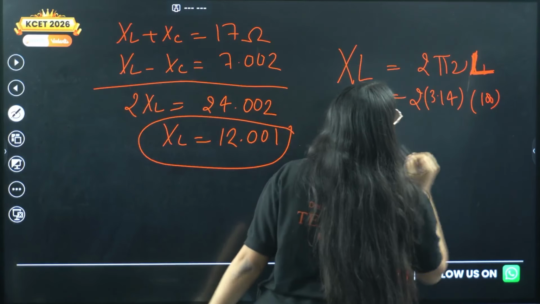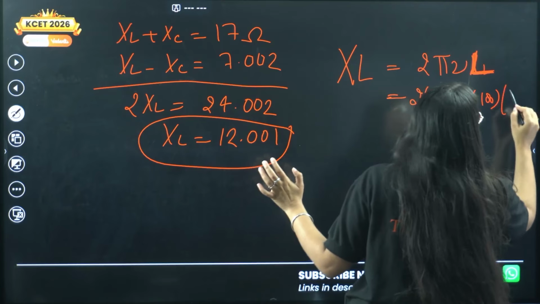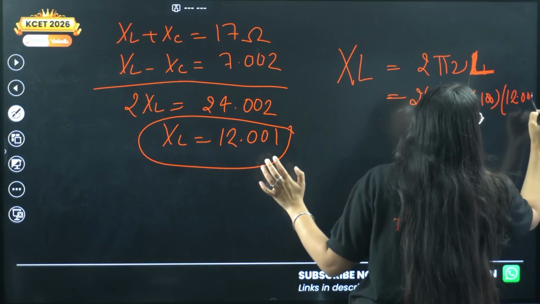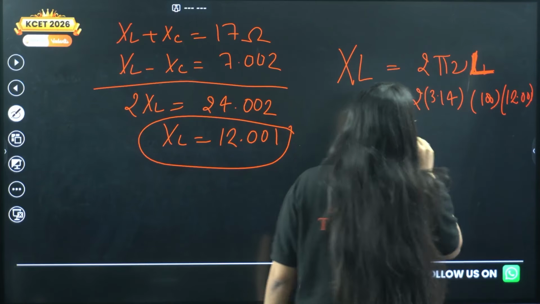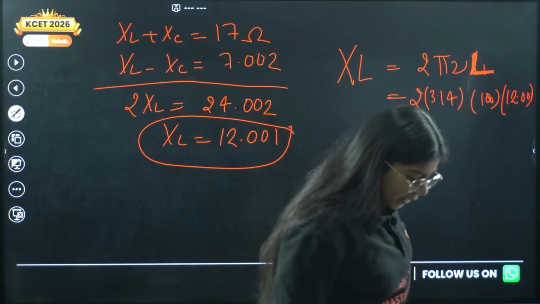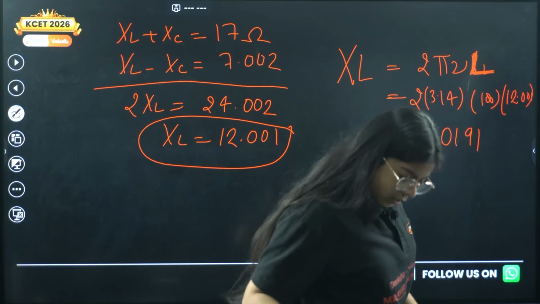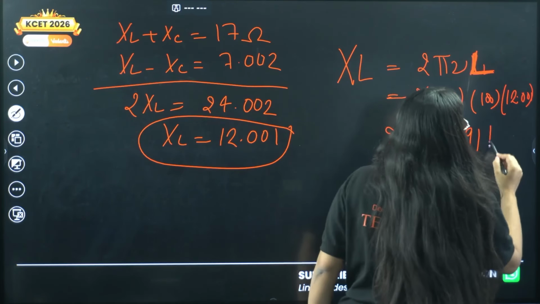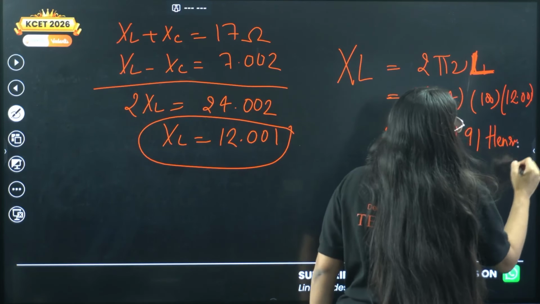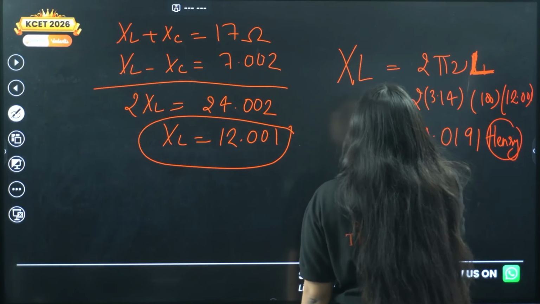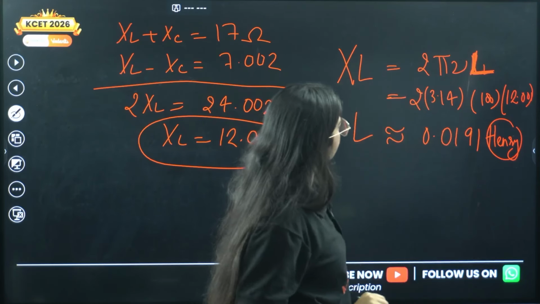This is 100 hertz. XL we calculated almost 12.001. If you solve this, your L will be 0.0191 Henry. Correct? What did I do wrong?